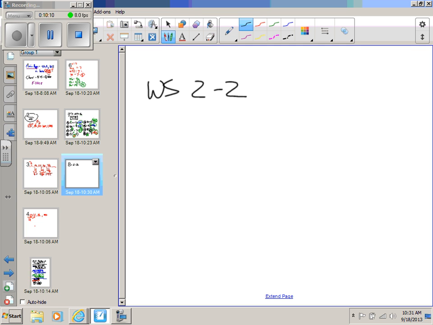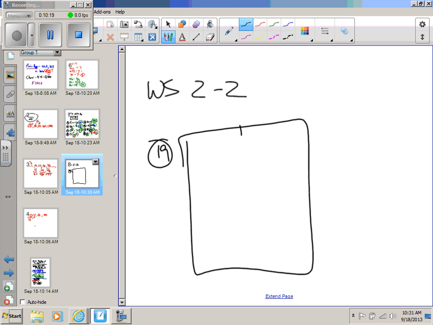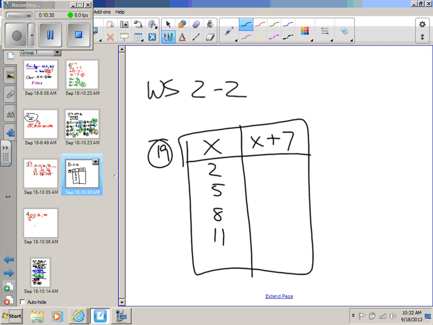Okay, so that's how those are. 19 through 22. Here's 19. They set it up in a table for you. They give you an x column and an x plus 7 column: 2, 5, 8, 11, and 9, 12, and then they give you a 21.